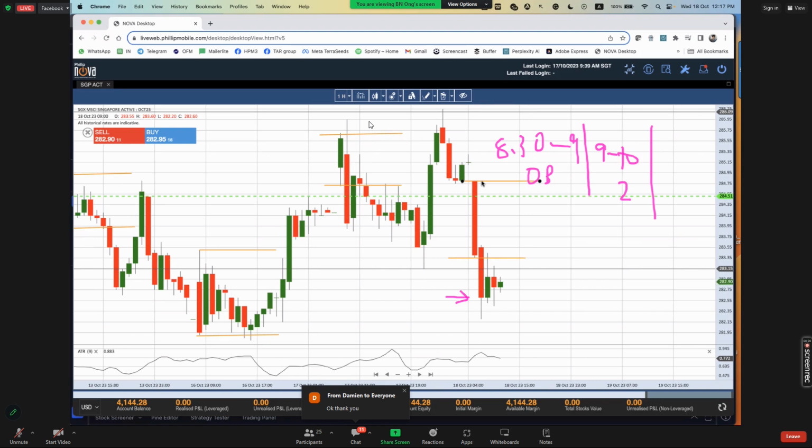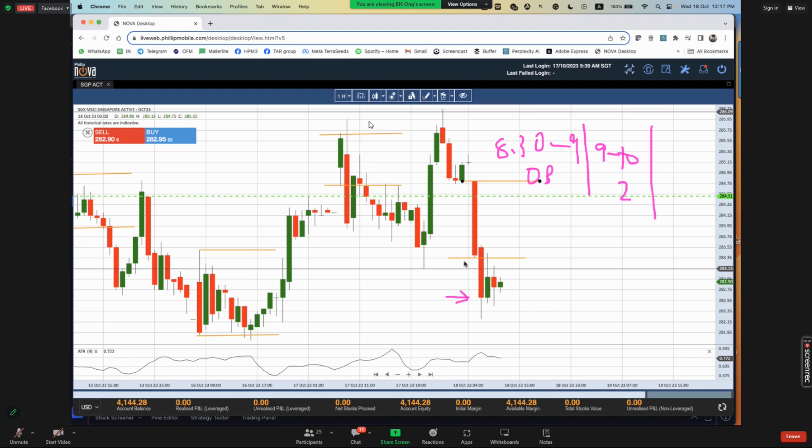Okay, I want to make sure that you guys know. So the short, what is the reason for the short? The short was because price had a close below the green wash line. So the first condition is met. At the same time, today there was a close below the opening bar low. So the second condition is met.